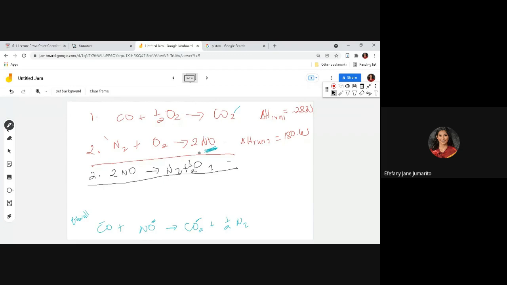Yes, ma'am. So we will multiply both by 1/2. Very good. So we will multiply number 2 with 1/2. We'll factor out the 2, and then also 1/2 will be 1/4.